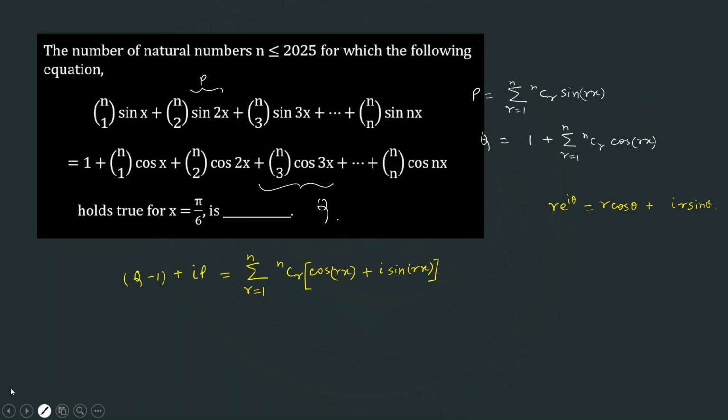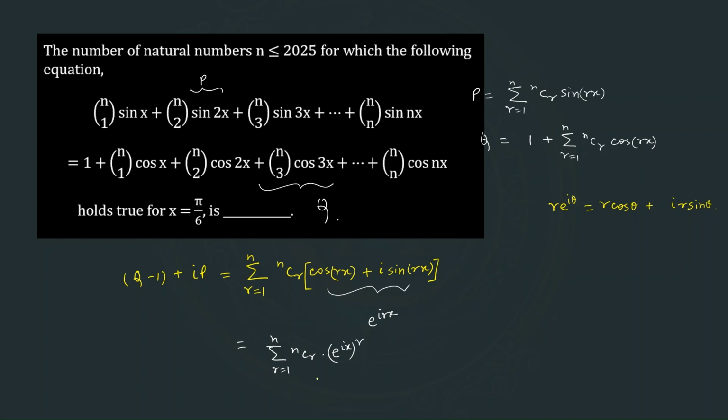Now we can write this cos rx plus iota sin rx as e to the power iota rx. So we can write this right hand side as summation r equal to 1 to n, then nCr, now this can be written as e to the power iota x whole to the power r. This is the important manipulation you need to note down.